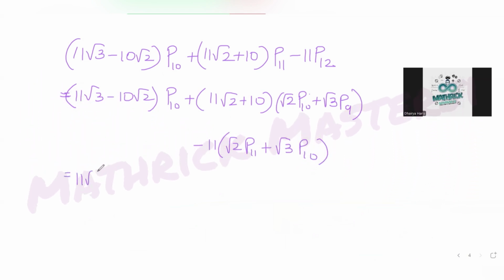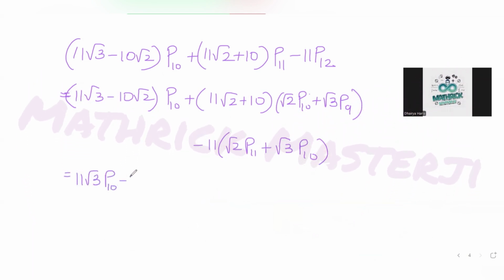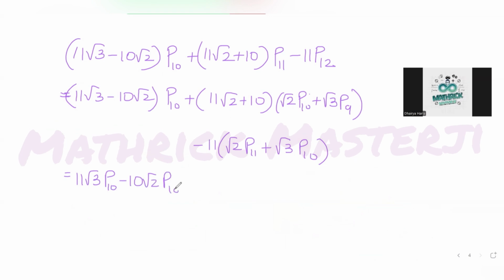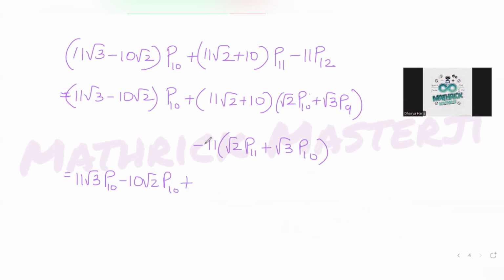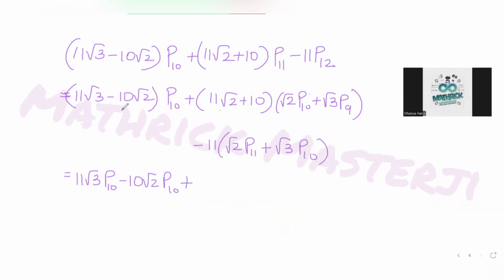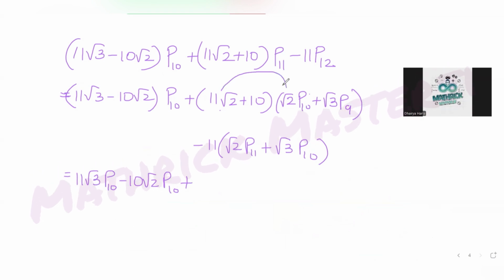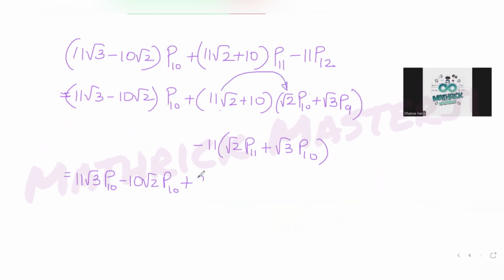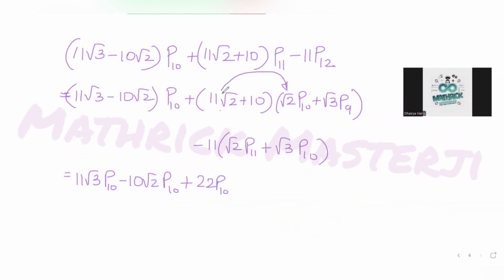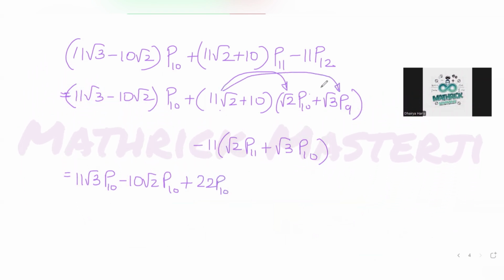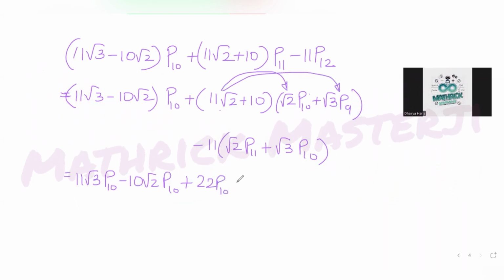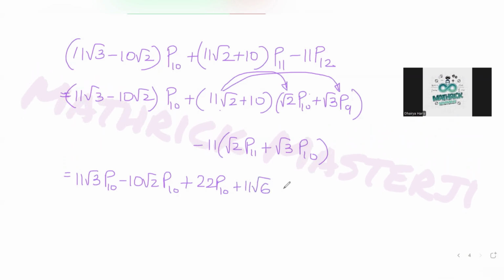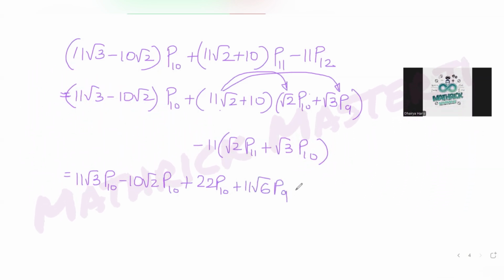Now, let's try to figure out. I have 11 root 3 P10 minus 10 root 2 P10 plus, with the two bracket multiplication, I know how to multiply it. This gets multiplied with this: 11 root 2 times root 2, which is 11 into 2, which is 22 P10. This also gets multiplied with this: 11 root 2 times root 3, which is 11 root 6 P9.